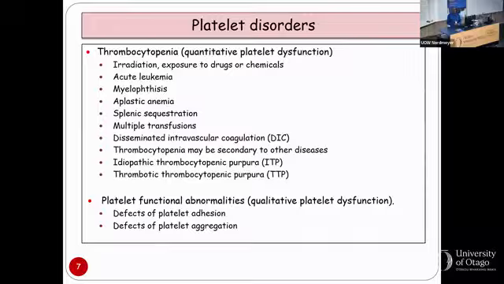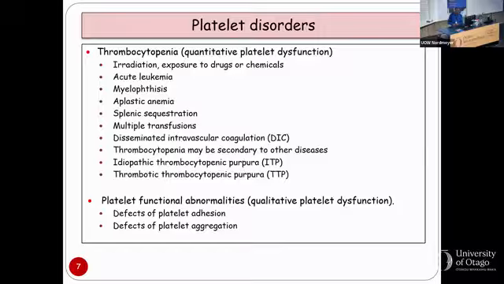Obviously, that will affect platelets that are present in the system at the time when the aspirin was used, which means if you stop the aspirin and new platelets are produced, they shouldn't technically be affected if the aspirin has gone out of the system. But the effect of aspirin is permanent on the platelets and it's irreversible. And that's why we use it to advantage when we want to treat or prevent arterial thrombosis.